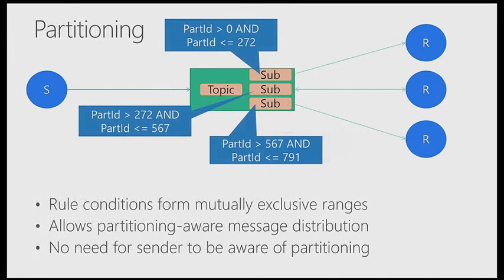And one of the patterns is to define partitioning. So I want to partition my incoming stream of messages based on partition ID. Those are runtime, dynamic rules. I can set the partitions. I can create a fourth subscription in this case and just add more rules and change those rules during runtime.